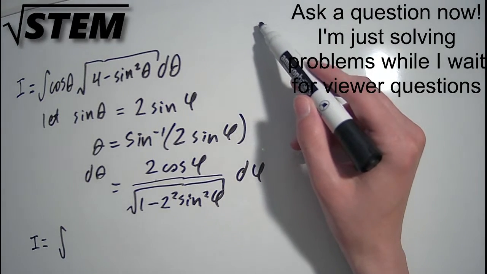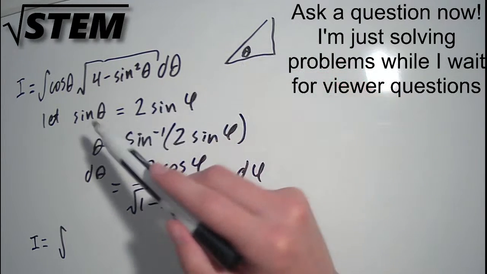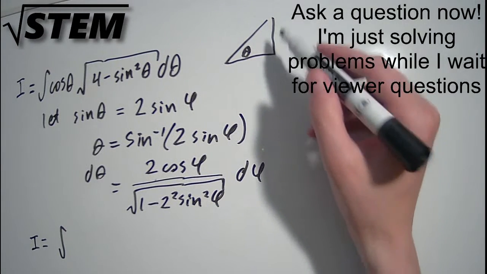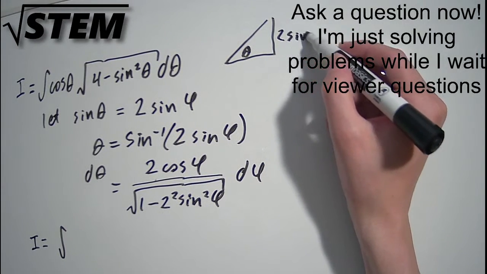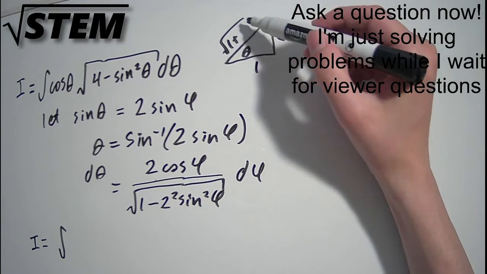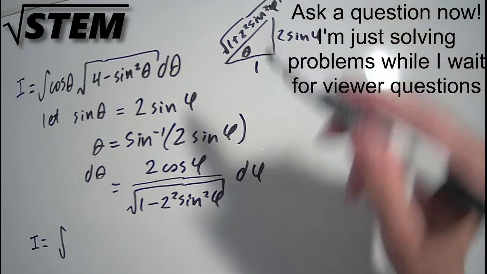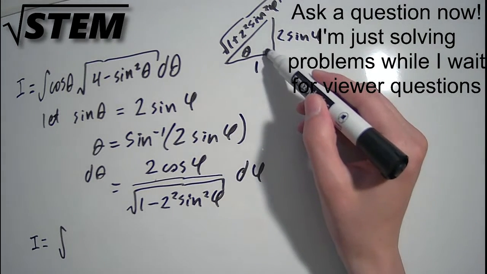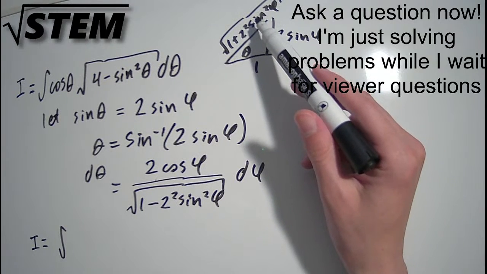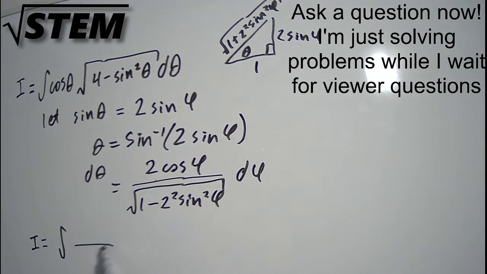If we have theta here, sine is opposite over hypotenuse, so 2 sine phi over the square root of 1 plus 2 squared sine squared phi. So cosine would be 1 over that radical. Oh no.